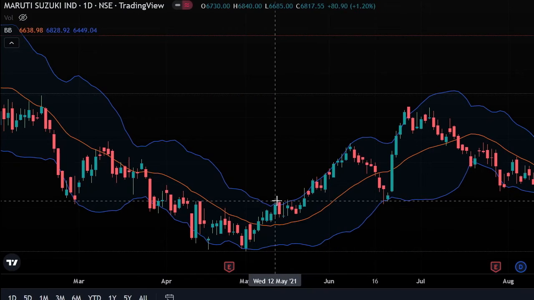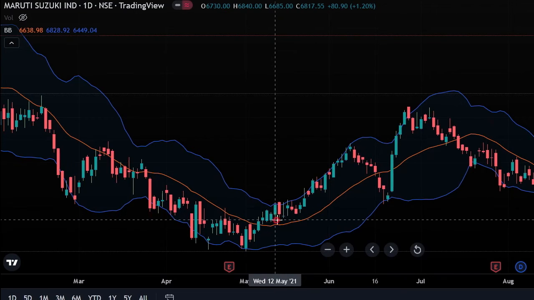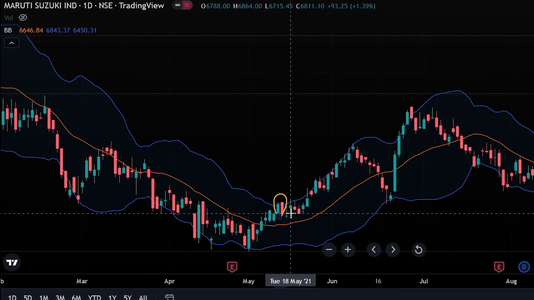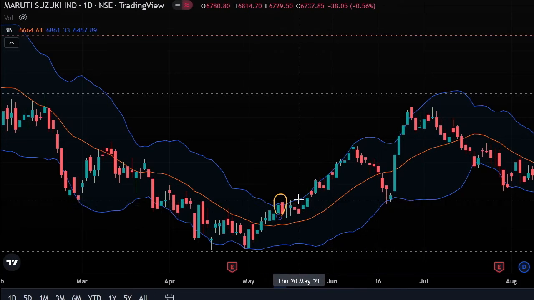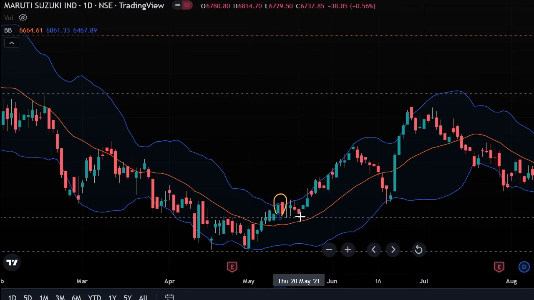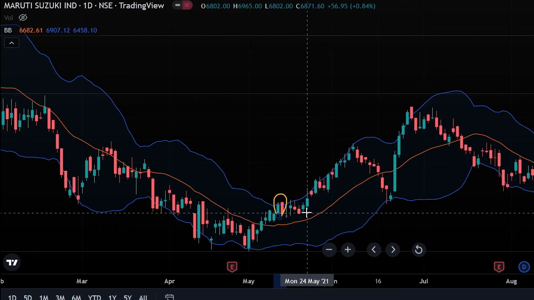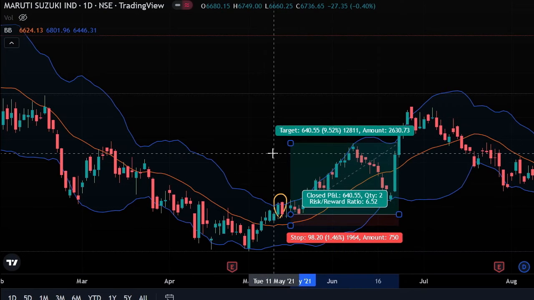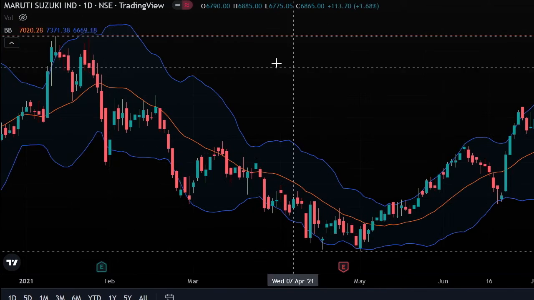As we can see that there is a breakdown, but we get the pullback just after it, and it doesn't cross the upper band, but we can see there is a strong uptrend, so we can take entry here also, and our SL will be at the midline of the Bollinger Band. We are getting a 1:6 risk reward ratio rally.